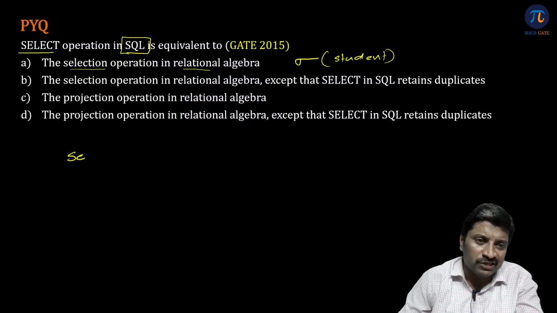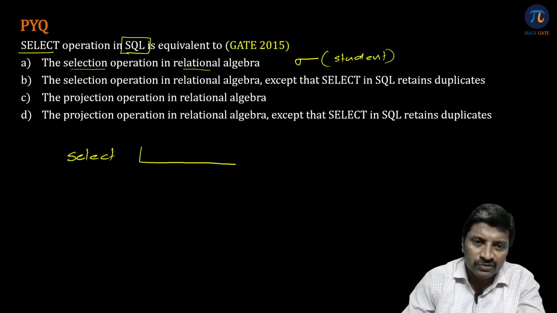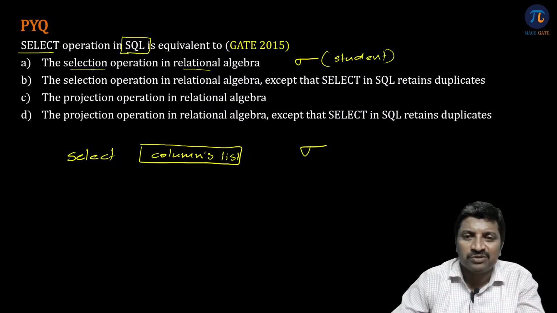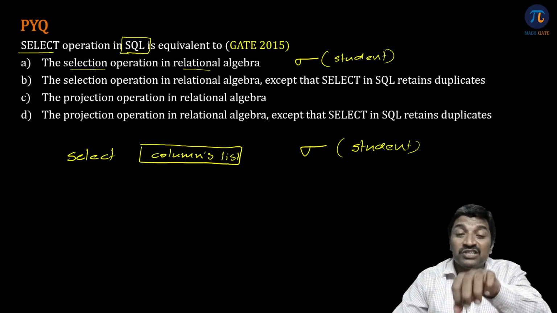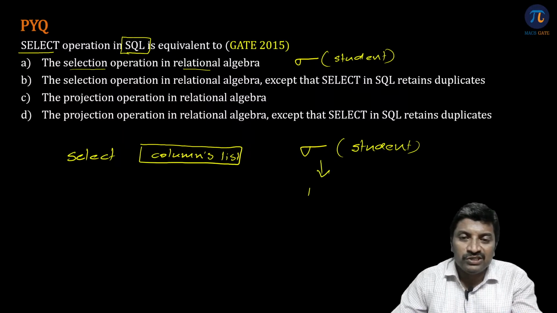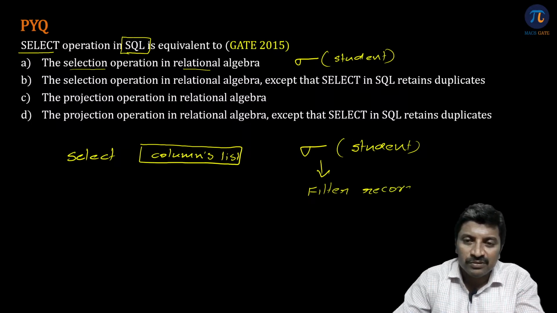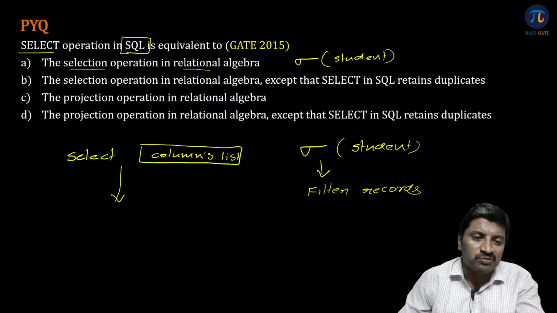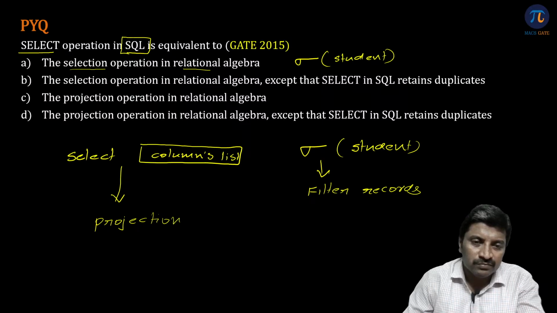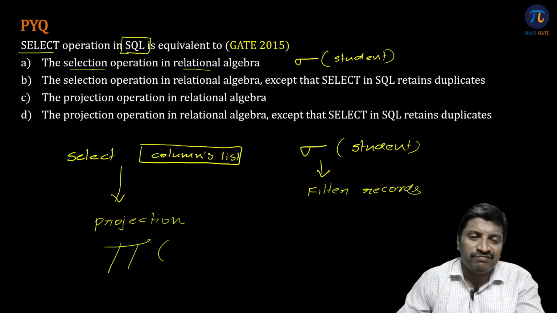Generally in the select clause you display a columns list, but in relational algebra sigma, we don't specify the columns list. We specify a records list. So sigma is used to filter the records, not the columns. Then to filter the columns, what do you need, sir? Projection.